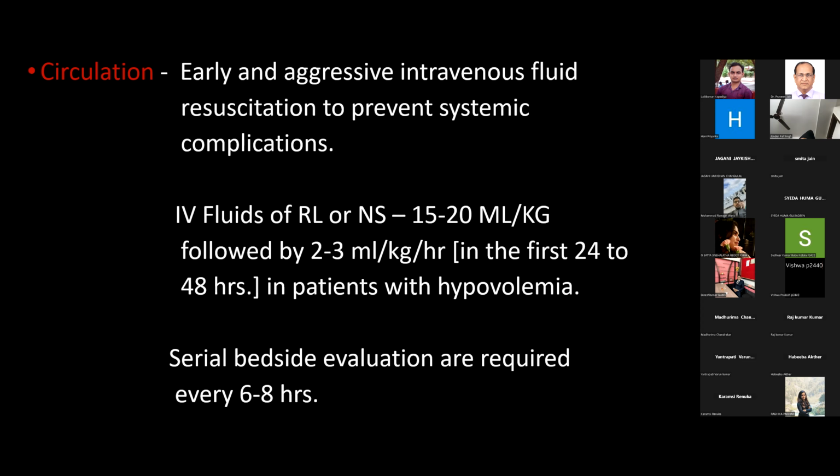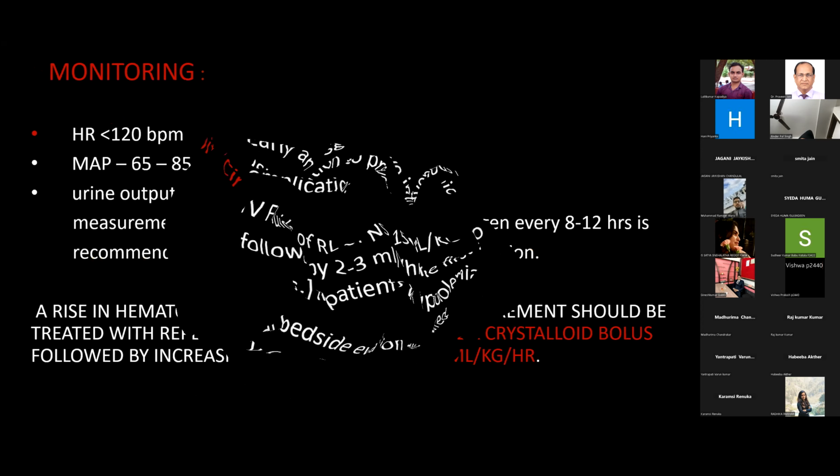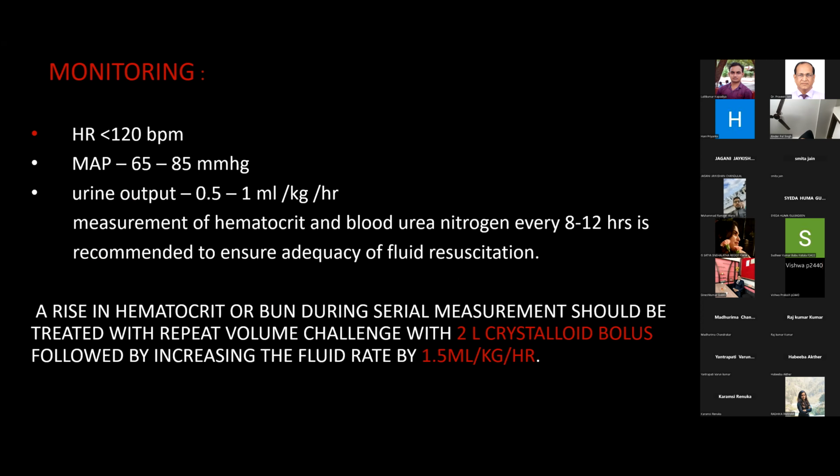But the most important thing is that serial measurement of blood urea nitrogen and hematocrit should accompany this fluid resuscitation, along with close assessment of clinical condition, vital signs, and urine output. So simultaneous monitoring is very important along with fluid resuscitation, which includes heart rate, mean arterial pressure, urine output, and blood urea nitrogen and hematocrit levels.